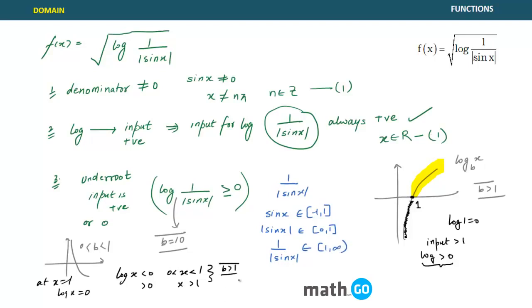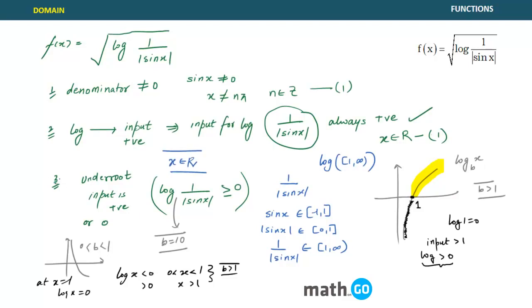That's the answer. Just imagine there is a number between 0 and 1 and you take its reciprocal, 1 upon a fraction will be greater than 1, right? So the input of the log machine is 1 to infinity, which means it will take 0 or be greater than 0. So this has no problem. It will work for every value of r.